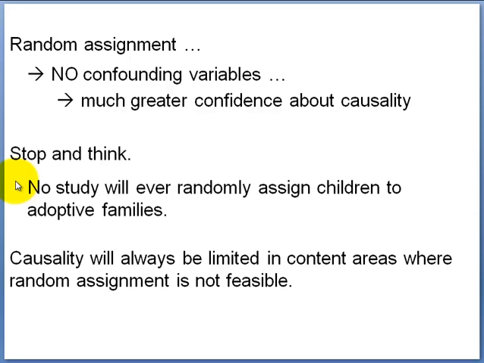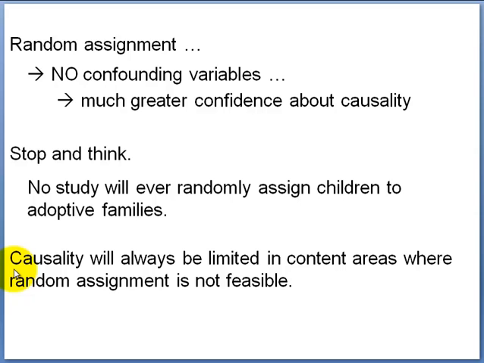So I think it's safe to say that one could never carry out such a study involving random assignment. That being so, in this particular area, we're not going to reach definitive conclusions about causality.